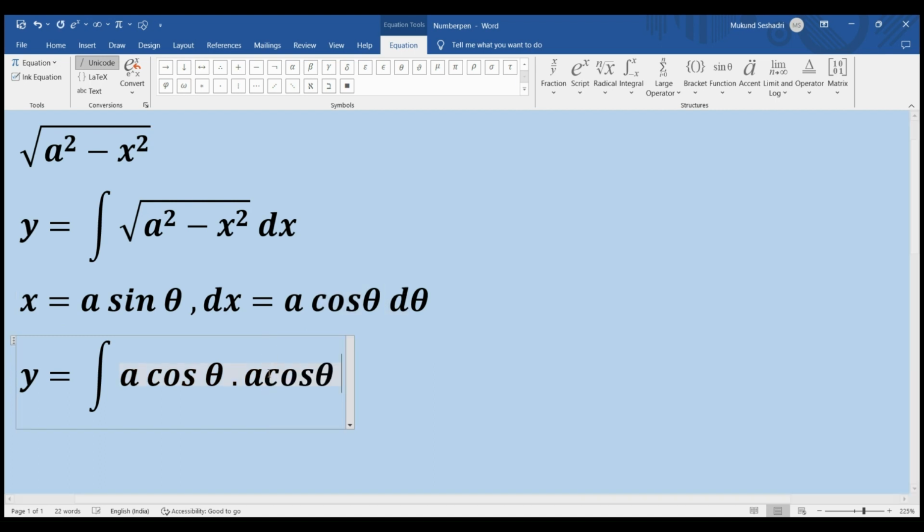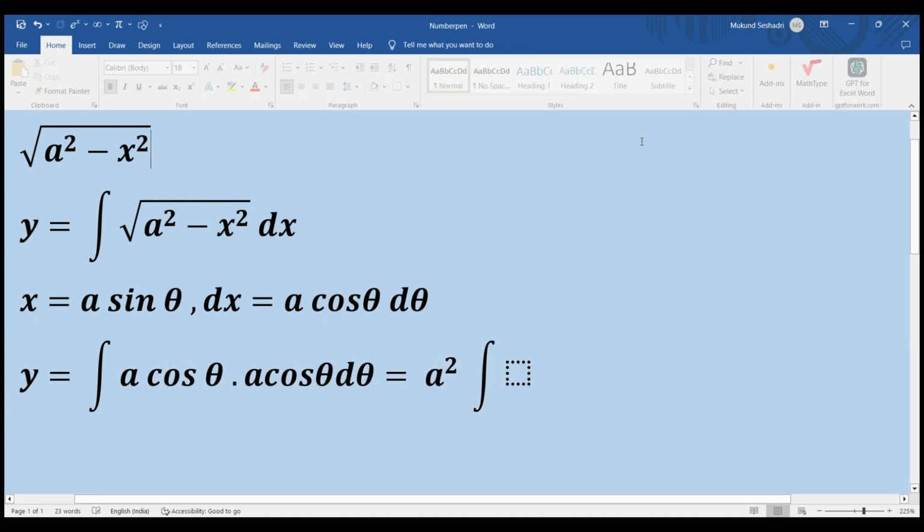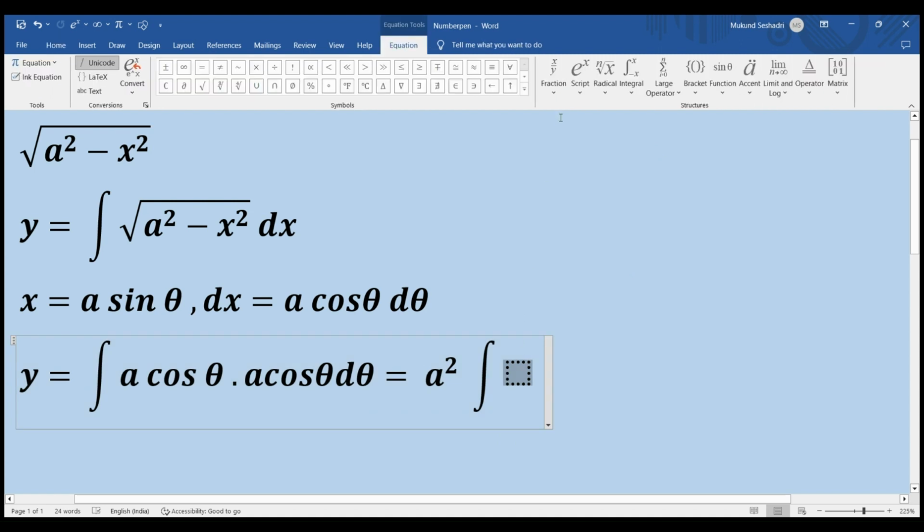I know that my a square is a constant, which means that I can pull the a square out of the integral sign. So the way I'm going to write this is y equals a square times integral of cos square theta d theta, right?